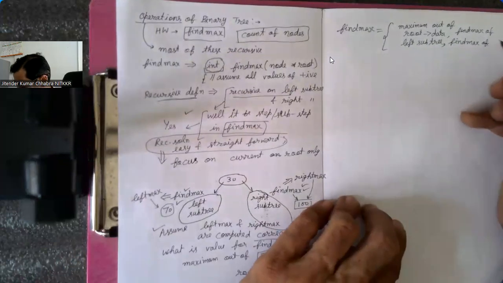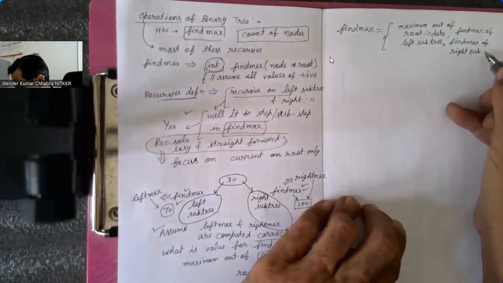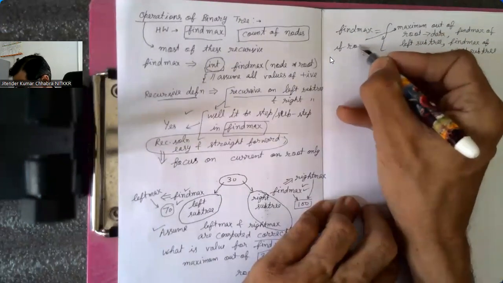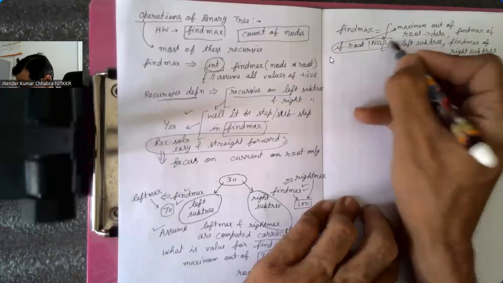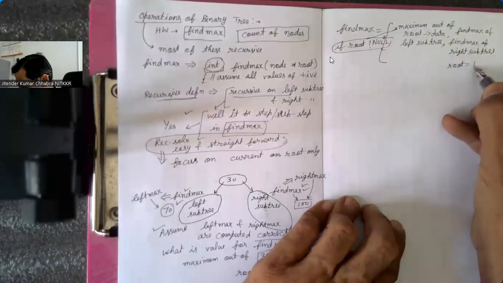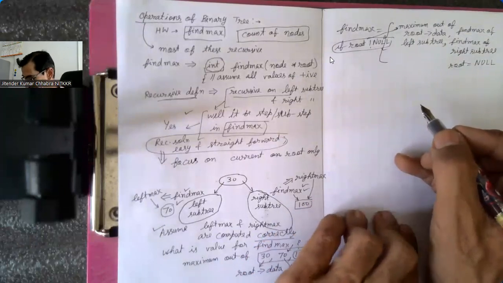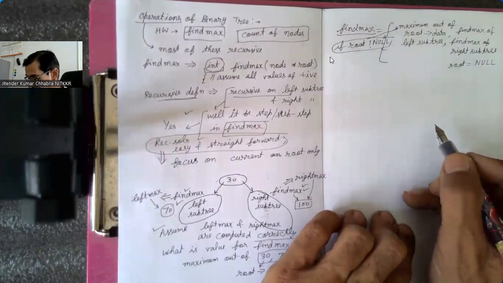So out of these three values, I have this. When this was applicable, if root was not null. And if root is null, then what is the maximum? For example, at any point, I say currently my root is null. What is now the maximum?